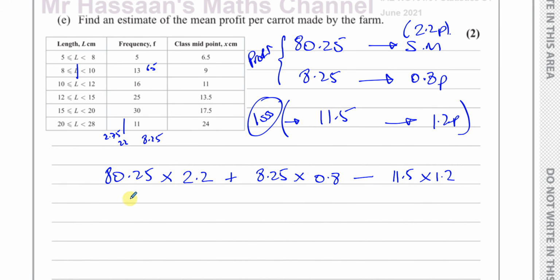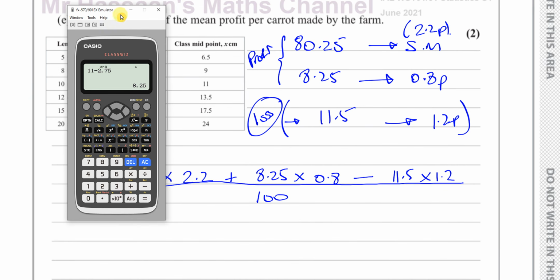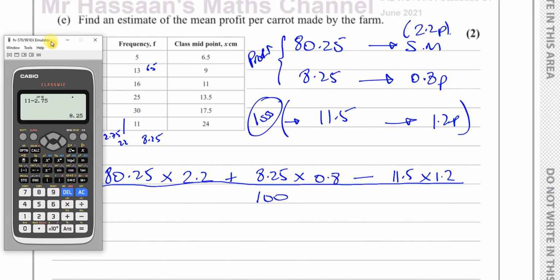That will be the net profit, because these ones are profit and that is loss. So you put them together, and that's for the 100 carrots. Of course you divide by 100, and that gives you the mean profit per carrot, because there are 100 carrots altogether. Now we're going to put those figures in our calculator.